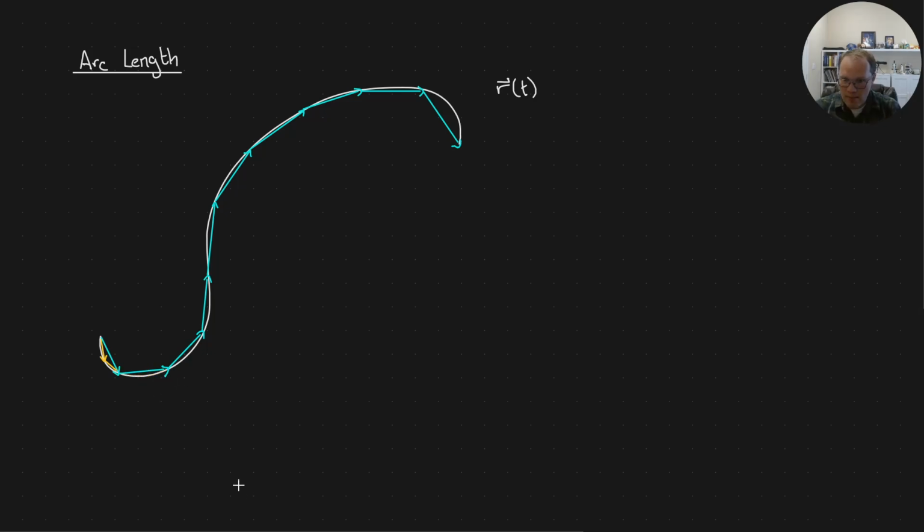I'm not going to draw them all, but you get the idea. Eventually we want to look at the limit as the number of vectors goes to infinity and the size of the vectors goes to 0. And that's what we do when we want to do integration. We add up a bunch of pieces that grow infinitely many, but infinitely small.